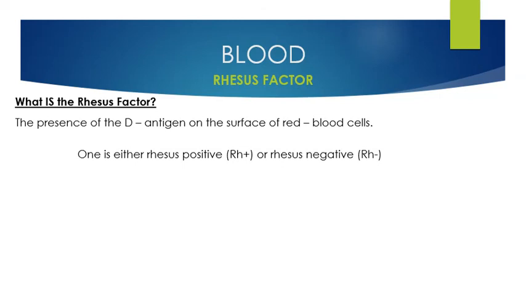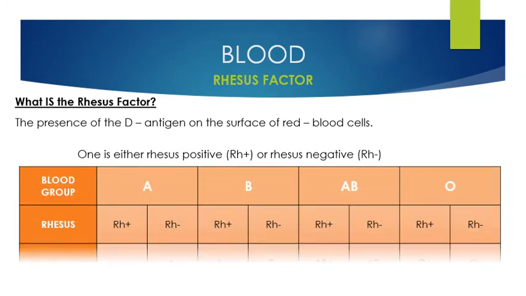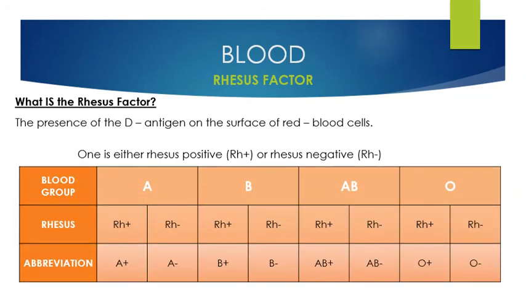And hence, in the ABO grouping, we've got group A Rhesus positive, group A Rhesus negative, group AB Rhesus positive, and so on and so forth. And hence, we come to have 8 groups in total, as you can see in the table.